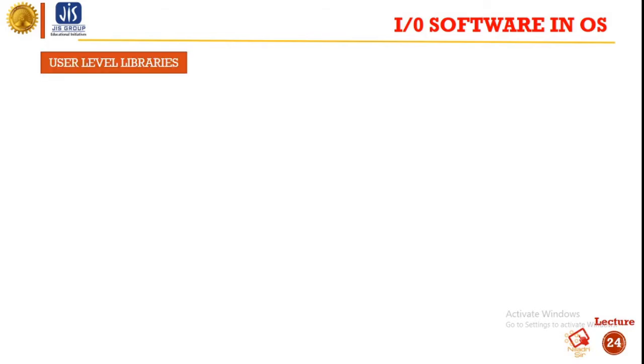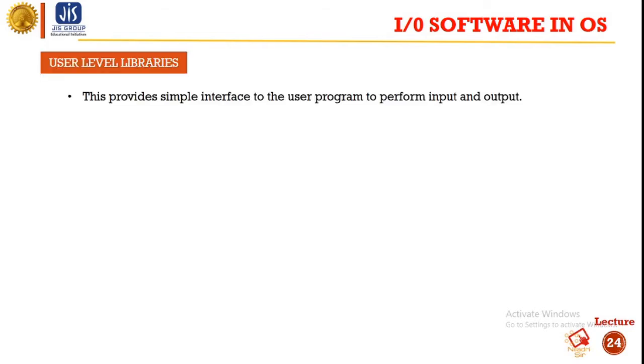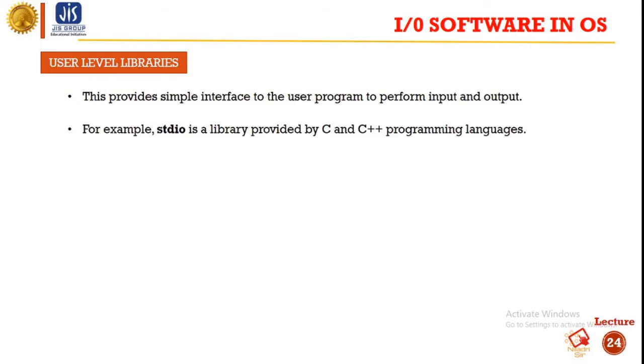So what are the user level libraries? These basically provide a simple interface to the user program to perform inputs and outputs. For example, stdio is a library provided by the C and C++ programming languages.